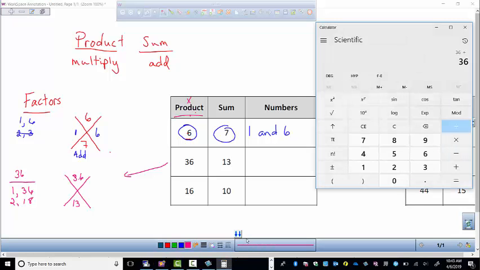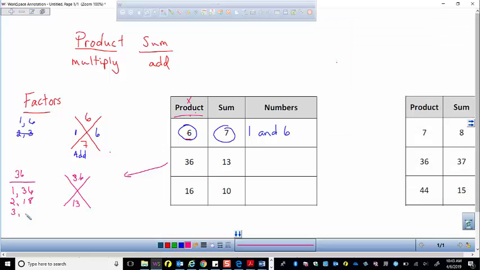So 36 divided by 3 is 12. And each time I do this, like if I did 1 and 36, the product is 36, but when I add them together, I get 37. So I know that one doesn't work because when I add, I want to get 13. 2 plus 18 does not work either. That's 20. 3 plus 12 gives me 15, so I'm getting closer.